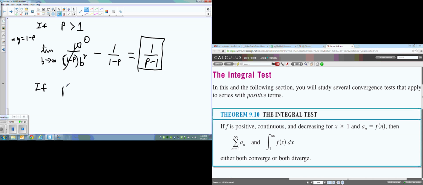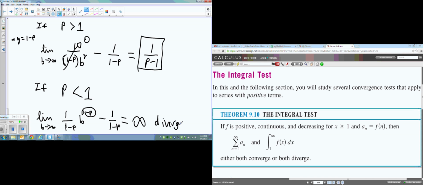If p is less than 1, then this term is positive, and this thing explodes because you have the limit as b approaches infinity of 1 over 1 minus p times b to the 1 minus p power. Well, 1 minus p would now be positive, and then you get infinity to a positive power, which is infinity, and this thing would be infinity, which means it diverges.